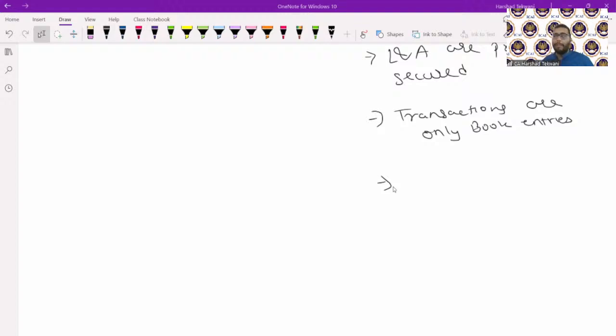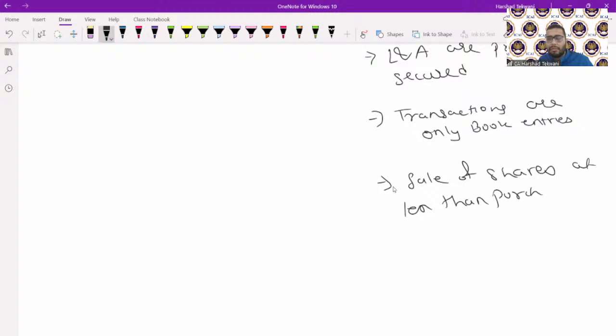For example, I purchased a share at 100 rupees and sold it at 50 rupees. Clear? So we are talking about sale of shares at less than purchase price.